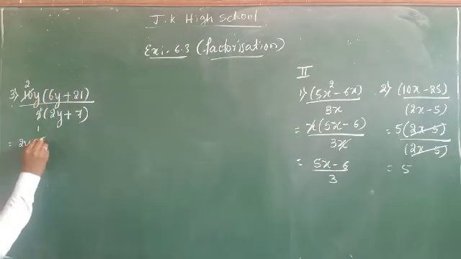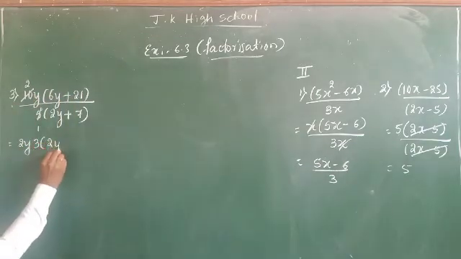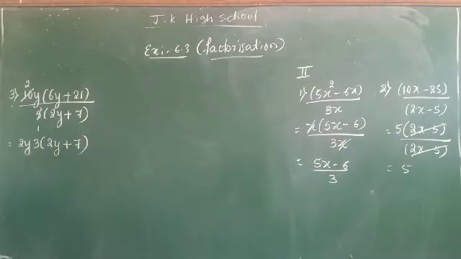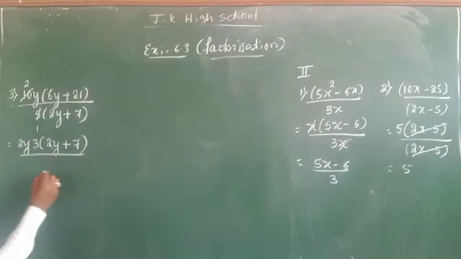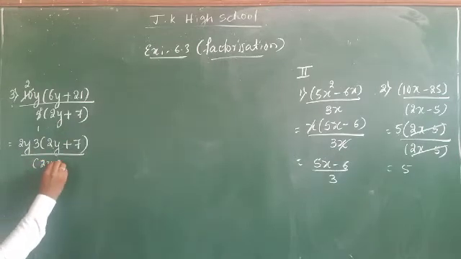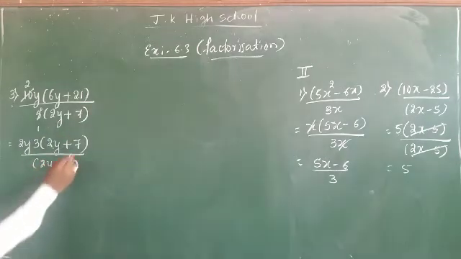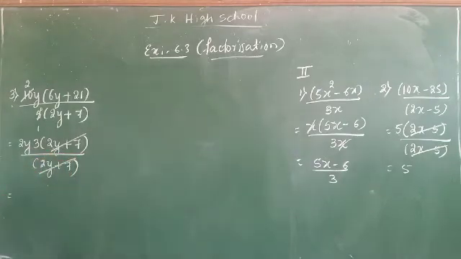So take 3 common. 3 twos are 6, 3 sevens are 21. Whole divided by 2y plus 7. These two will cancel. The remaining is 3 twos are 6 into y. So this is your final answer.